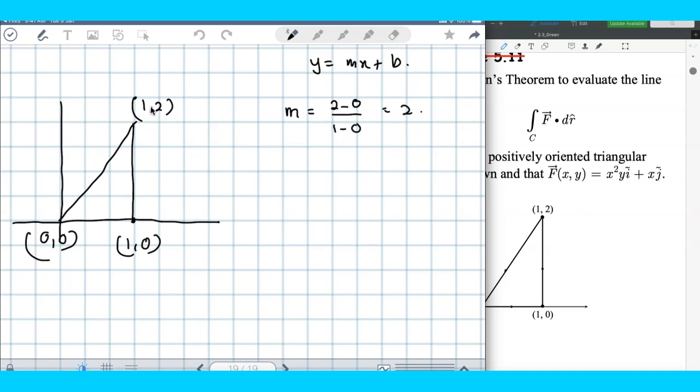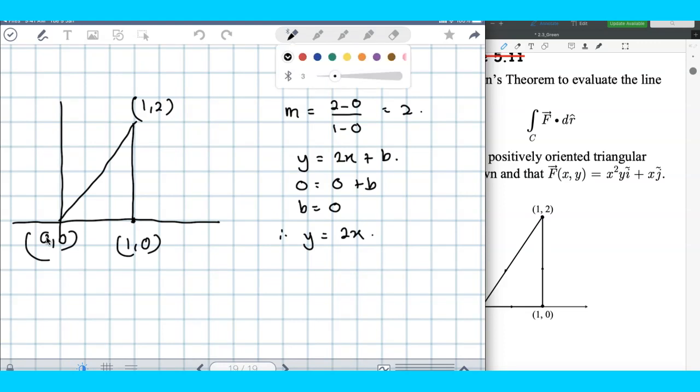So now y equals 2x plus b, and to get b, you can use one of the points, either 0, 0 or 1, 2. Here we use the simplest point. So y is 0, x is 0, so b is equal to 0. So now the linear equation is y equals 2x.